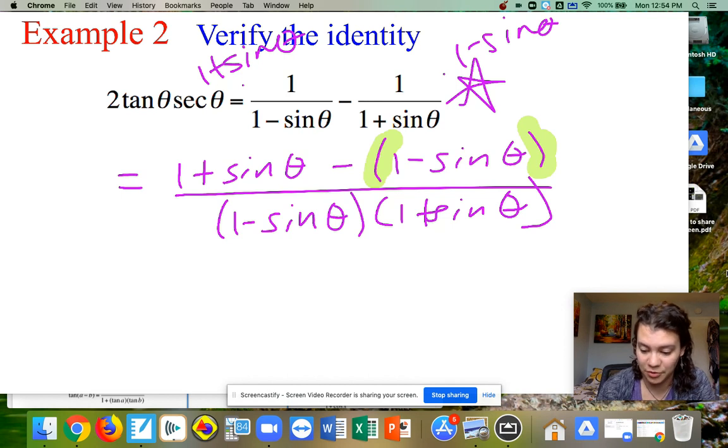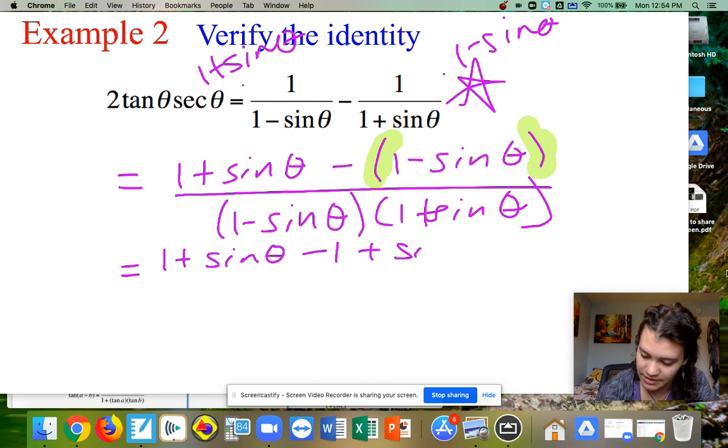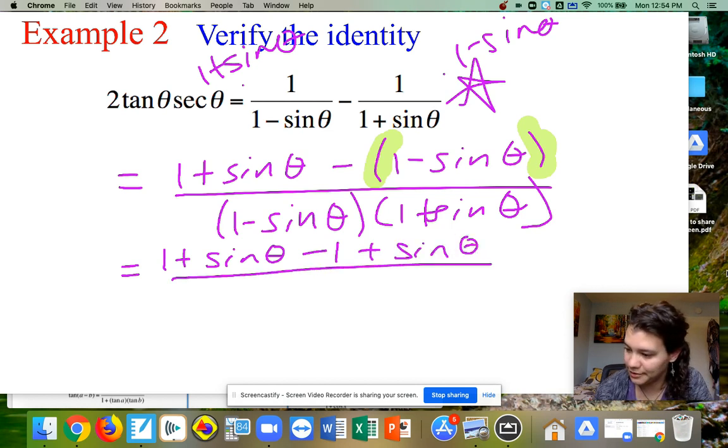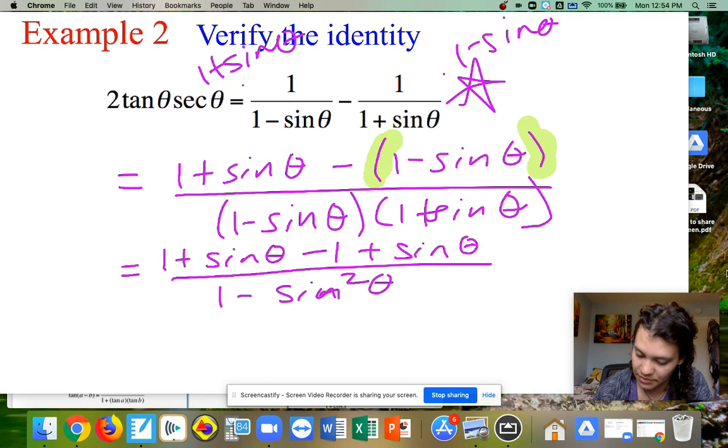So if you don't have those parentheses, you're going to end up subtracting sine instead of adding it. So this will then give us 1 plus sine theta minus 1 plus sine theta. If I multiply out the bottom, you'll get 1 minus sine squared theta because your negative sign and positive sign will cancel out.